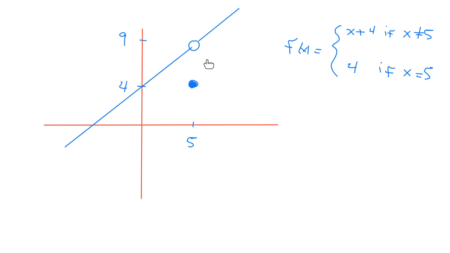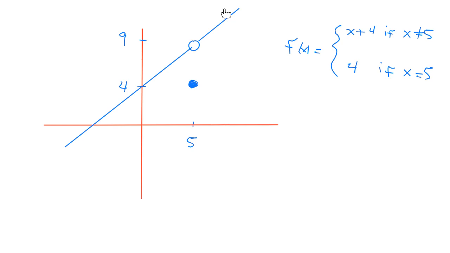Okay? And it would have this point 5 for x, 9 for y, if I wasn't excluding 5 from the definition of it. That's why this point's open. Then if you read the second part, it says y is 4 if x is 5. Well, that's a point. 5 for x, 4 for y.